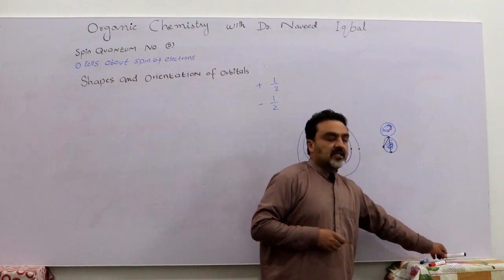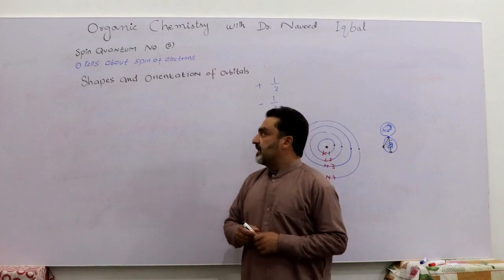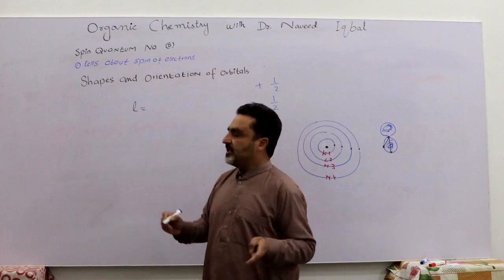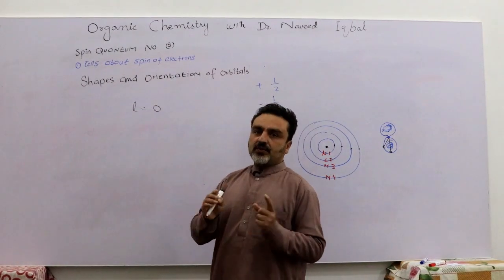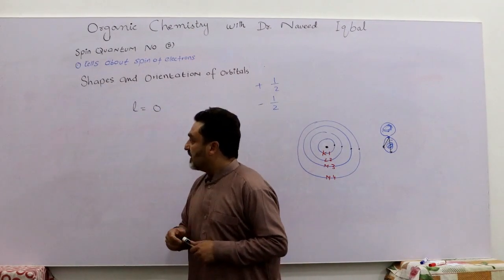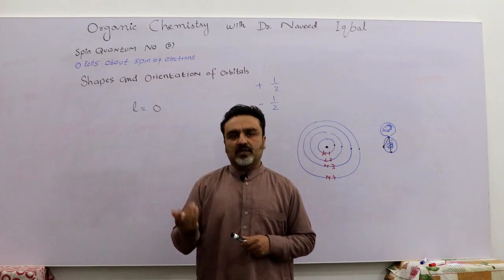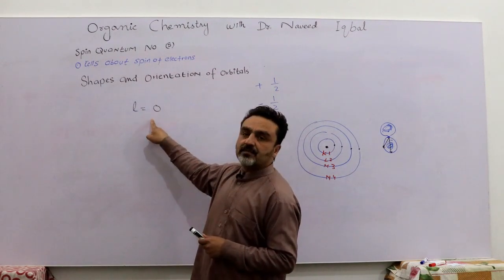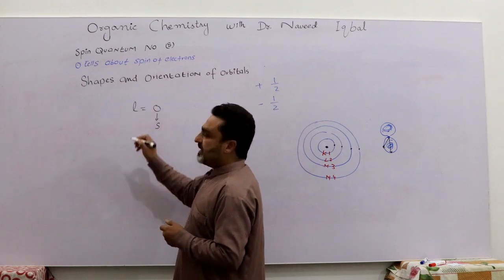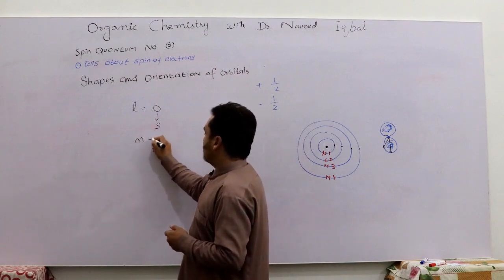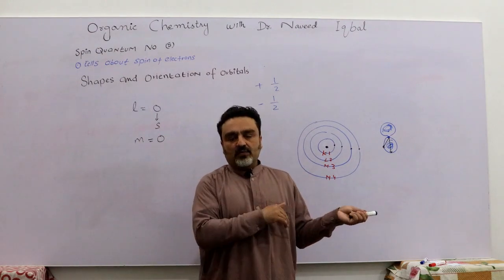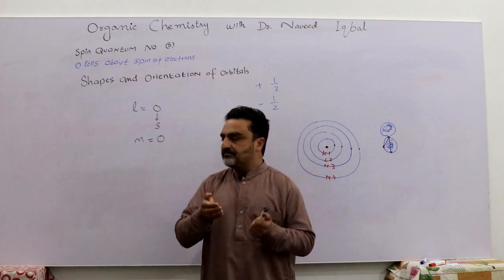First of all, the azimuthal quantum number gave just one value, 0, for the s orbital, which is interpreted as a spherical orbital, s. For l equal to 0, m is also equal to 0. What does this mean? It means that it has just one orientation possible. It will be clear when we go to the three-dimensional objects.